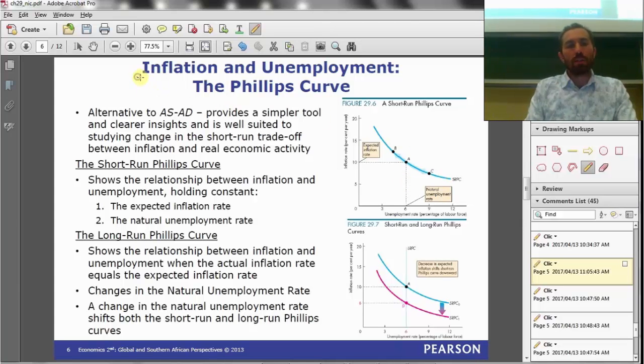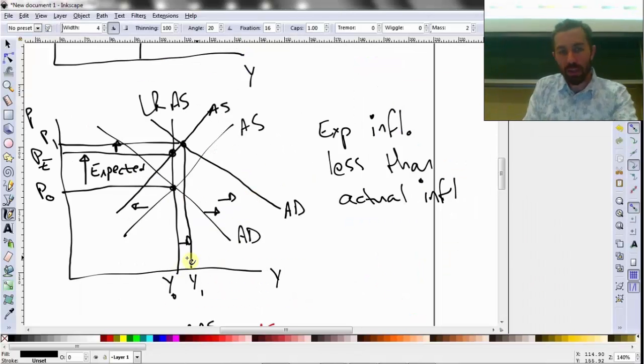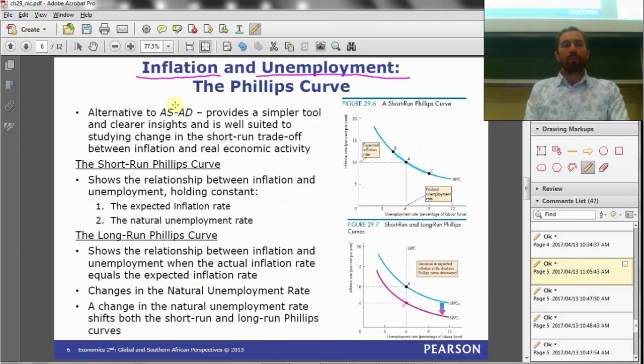So what then is the relationship between inflation and either employment or unemployment? In other words, if we increase employment, we are decreasing unemployment. So what we have is something called the Phillips Curve. What is the Phillips Curve?